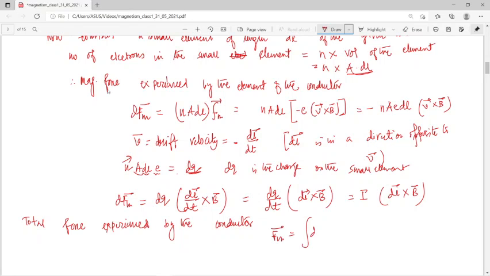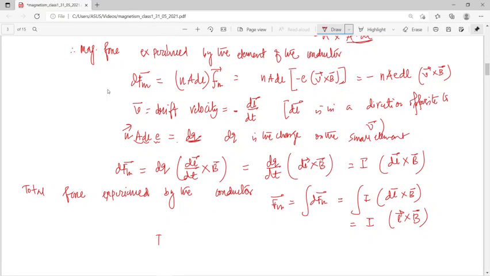It is nothing but the integral of this, I dl cross B. Integration of dl can be written as l, so you can write I l cross B. Or if we consider the magnitude of this, that is nothing but BIl sin theta.